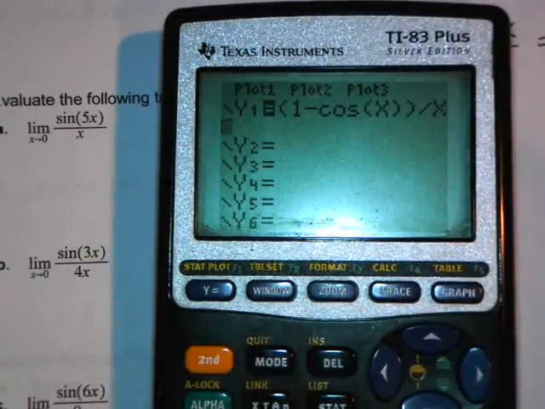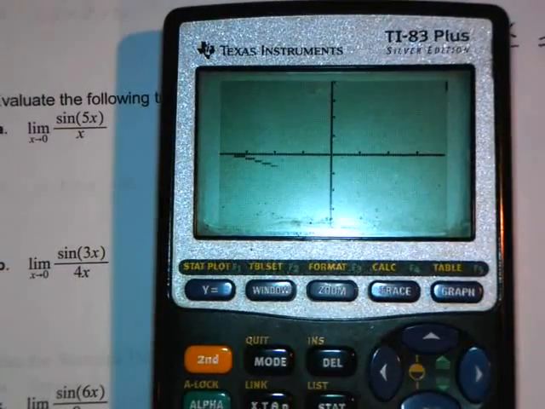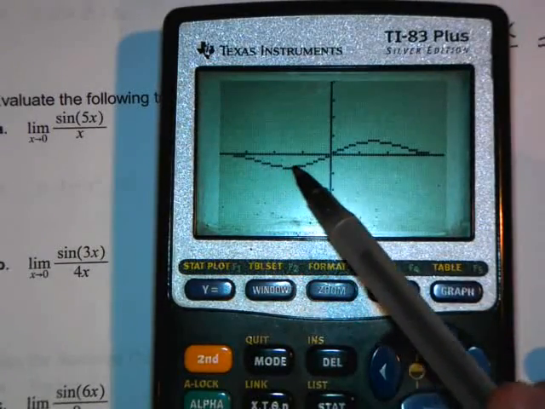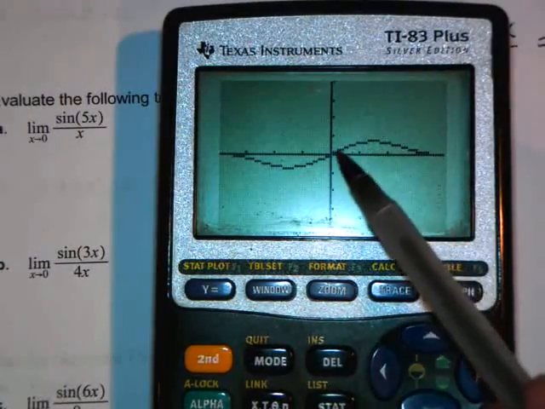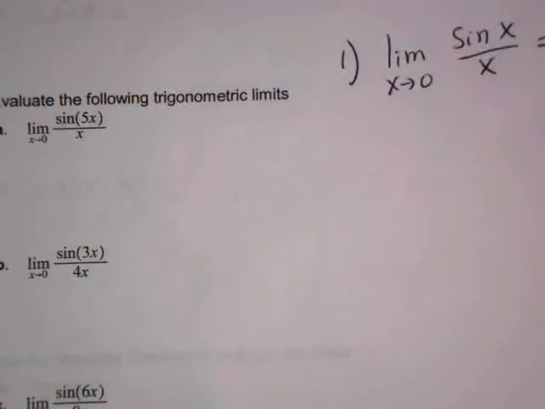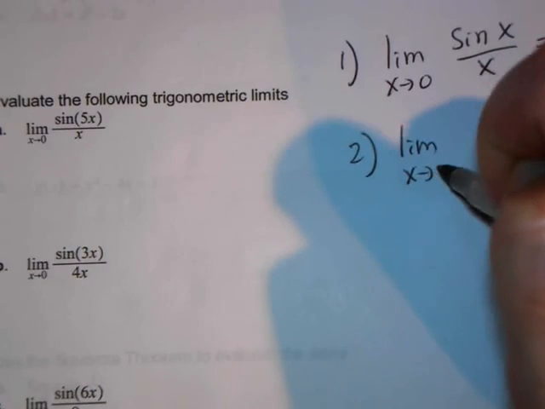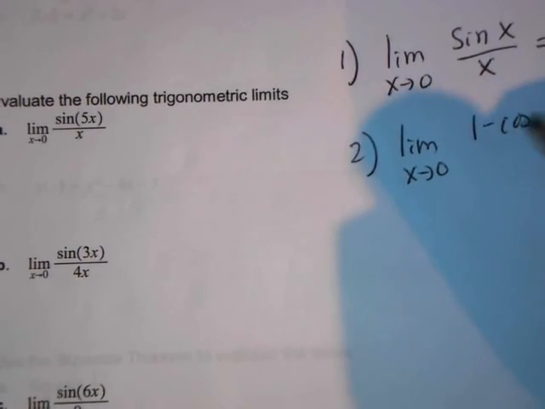Again, if I try to plug 0 in here, I would get 0 over 0. Looking at this graph, I think you would be pretty convinced that when x goes to 0, this function is getting close to 0. So those are two famous trig limits that you need to know.